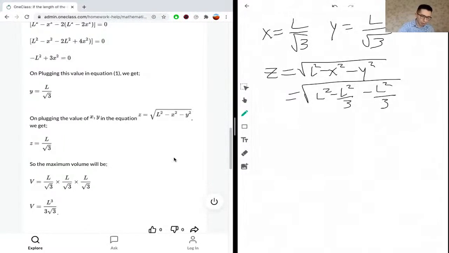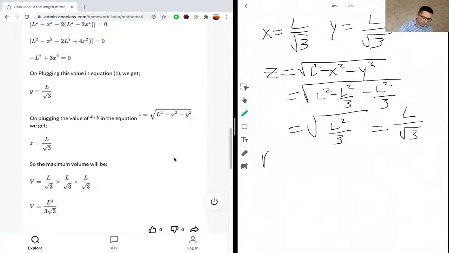So 1 whole L squared minus a third L squared minus another third L squared will leave us with a third L squared. So we're left with the square root of L squared over 3, which will give us L over square root 3. And that's the value of z where the volume is maximum.